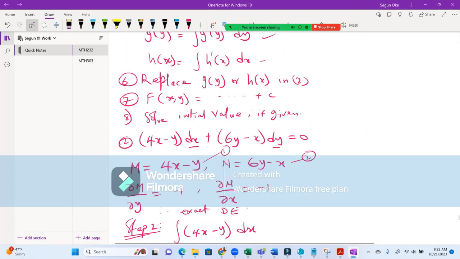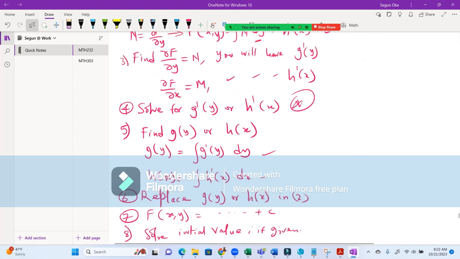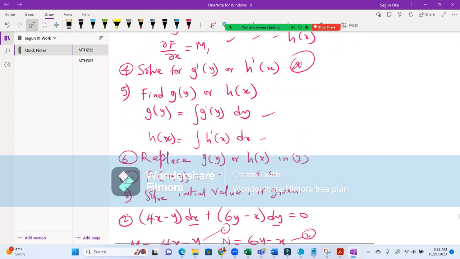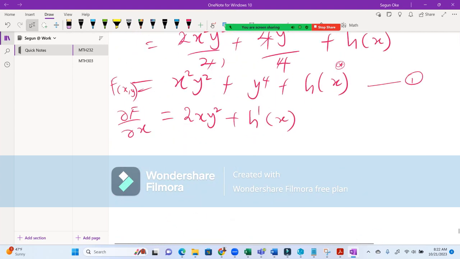Let's go back to this step so that you understand what we are doing. Look at the steps. We've done step 1, step 2, step 3 now. So we need to now solve for this h. For us to find the h, we need to replace them back. So let's go ahead. We now equate it to get our h.